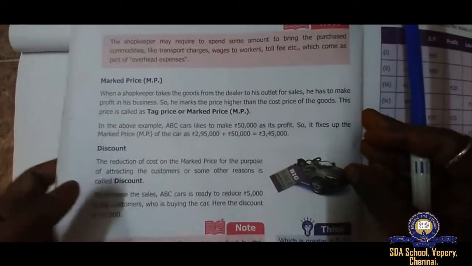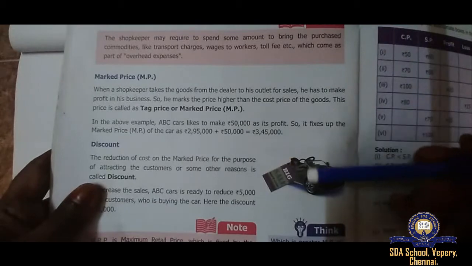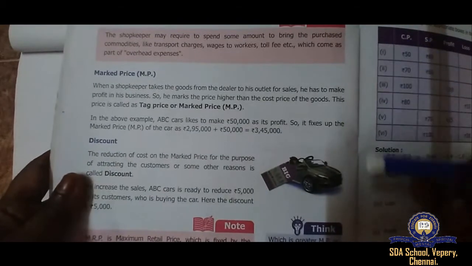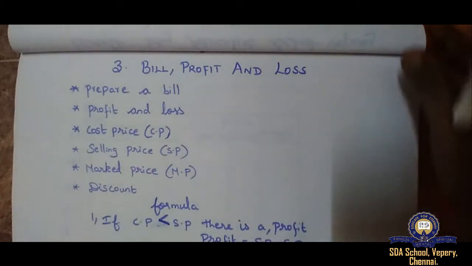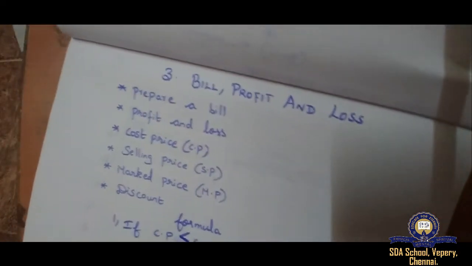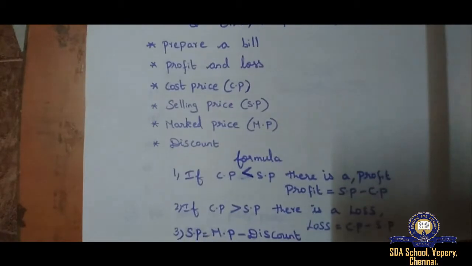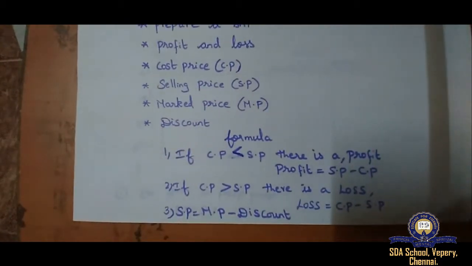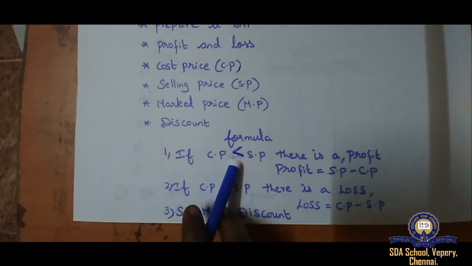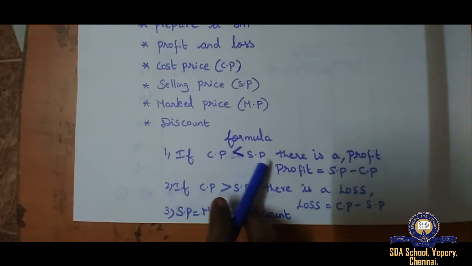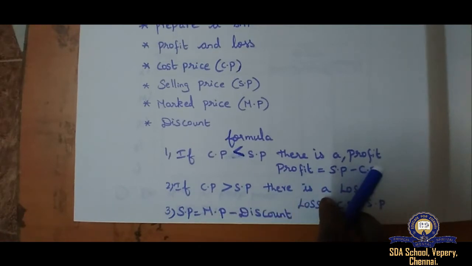Then we have formulas to use in the exercise. If cost price is less than selling price, that means selling price is greater, and there is a profit.